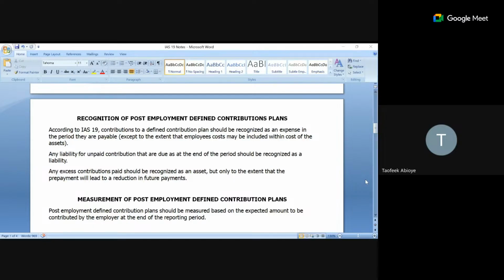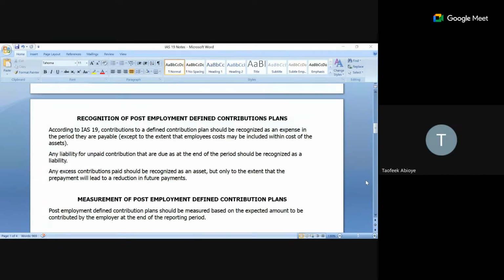Because at the end of 30 years that employee is going to retire, we are going to pay her. It is required, it is mandatory, it is compulsory. Sorry, I wanted to mention the asset part. So liability is one side, asset is the other side.